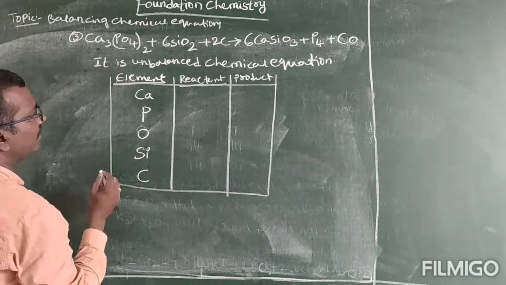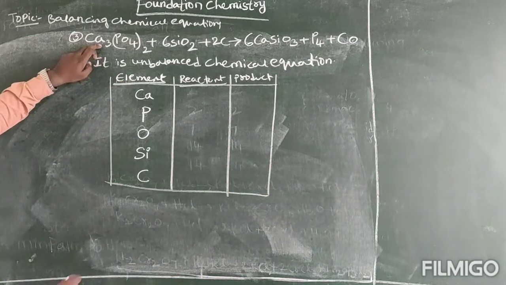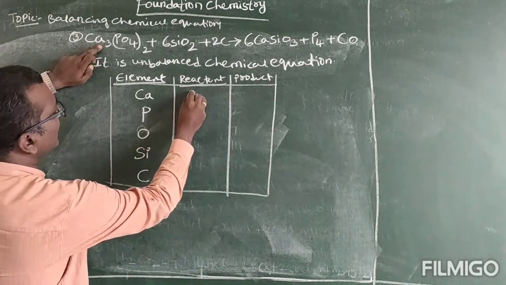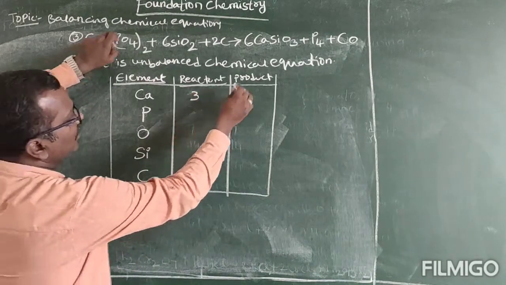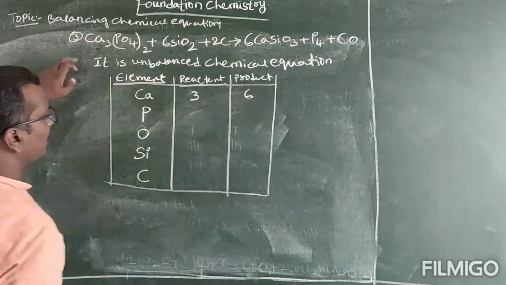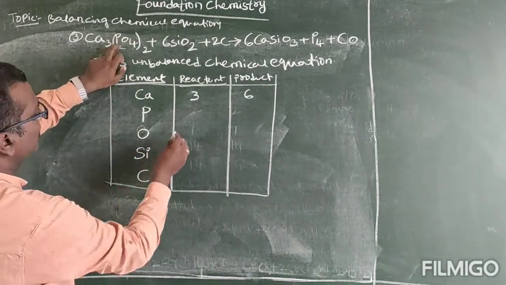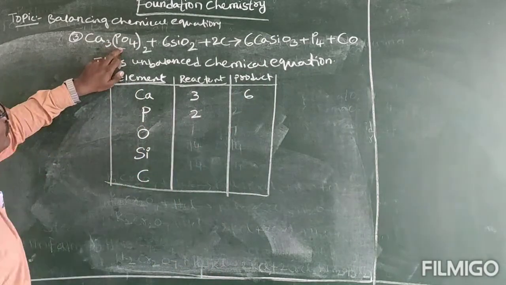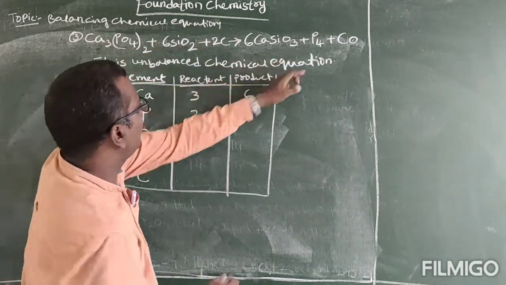So calcium, here 3 are present and here 6 are present, and phosphorus here 2 and here 4.